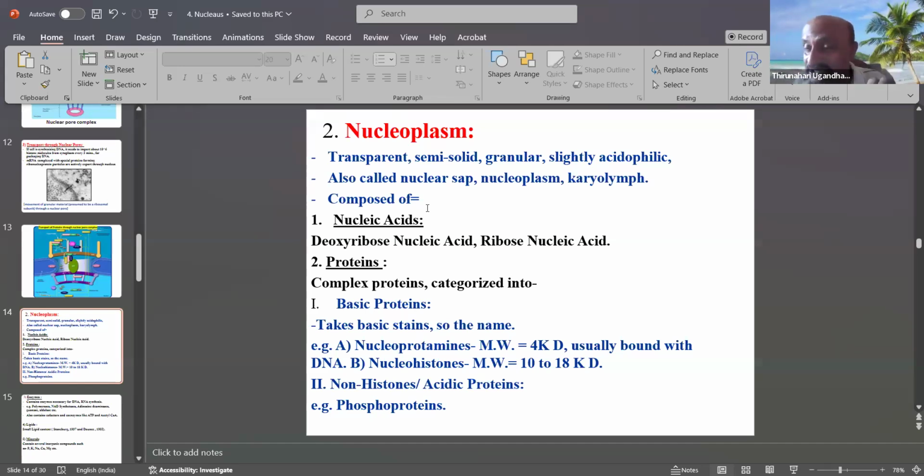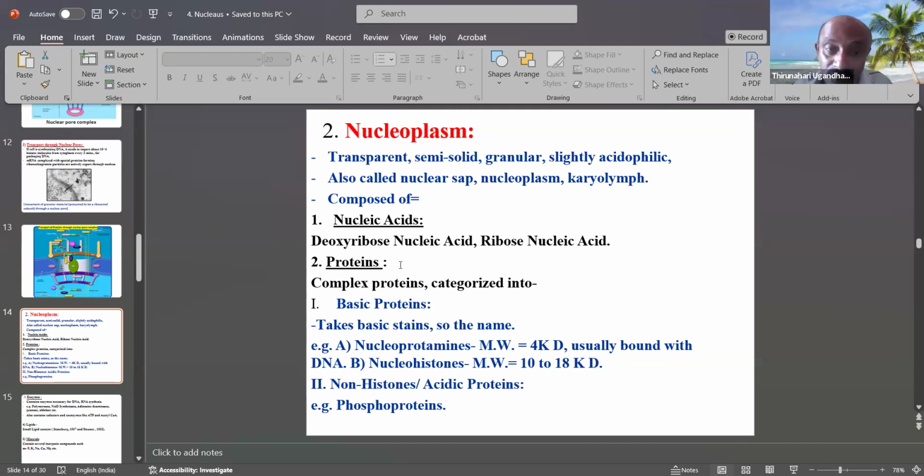biomolecules present in the nucleus. In the nucleoplasm, the thread-like structures are deoxyribonucleic acids and ribonucleic acids.